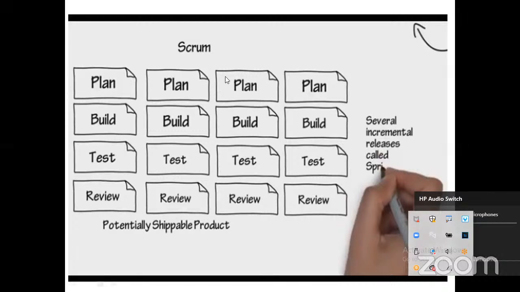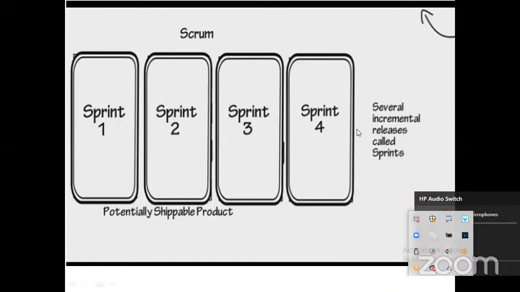The designer will design the screen, the developer will develop the code, the tester will test the code, and the duration given for that particular story will be maximum 20 hours or 30 hours. One sprint can have multiple stories, and the maximum duration of the sprint is 2 weeks, something like that. Sprint 1, sprint 2, sprint 3, sprint 4, several incremental releases are called sprints.